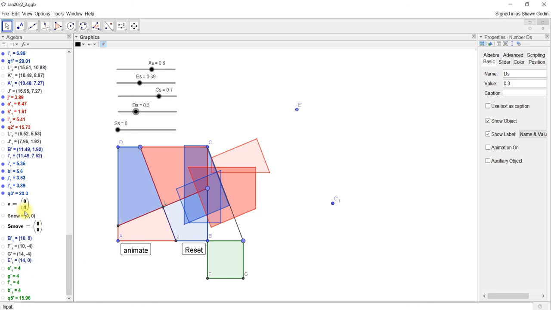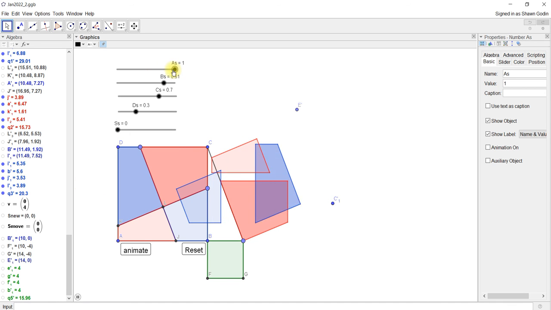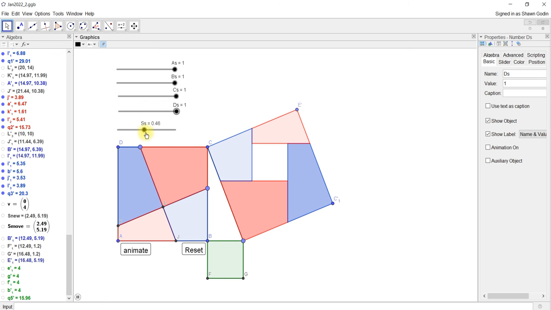And then for this one, after I put all those guys in place, I had to figure out where this is going to be. So I created a vector that moved this from here to here, and just looking at these pieces, I forget how I did it.